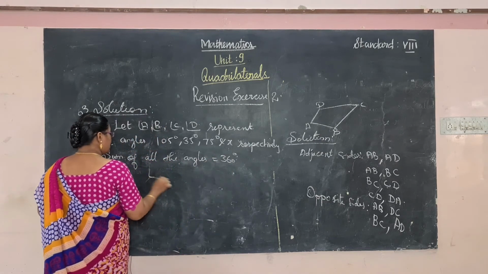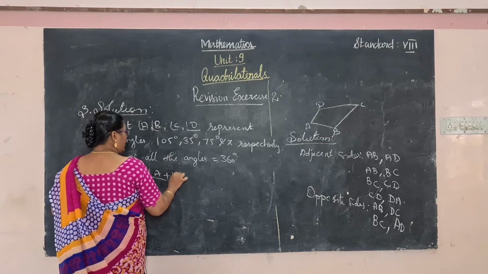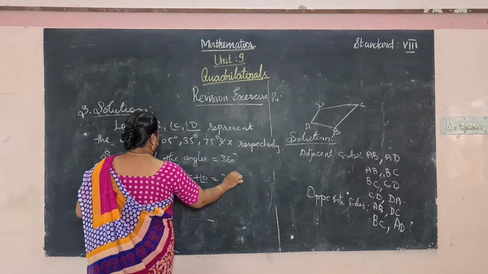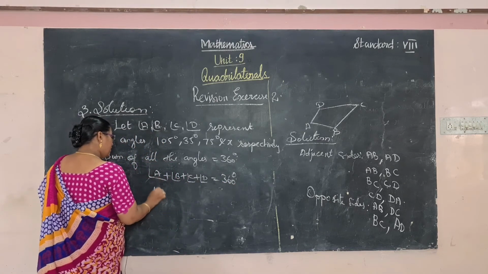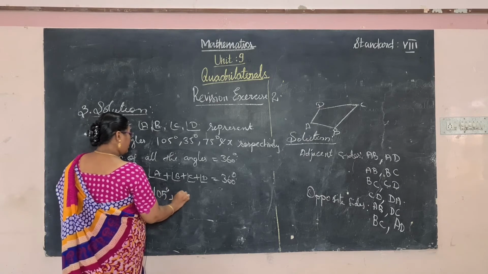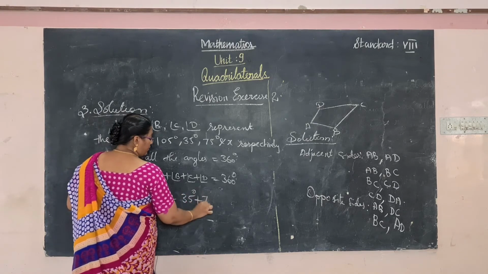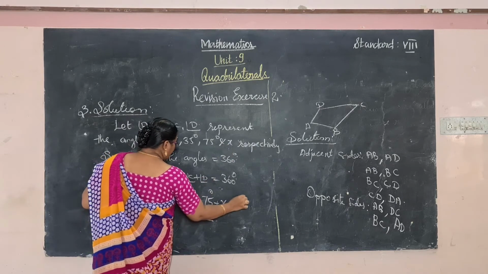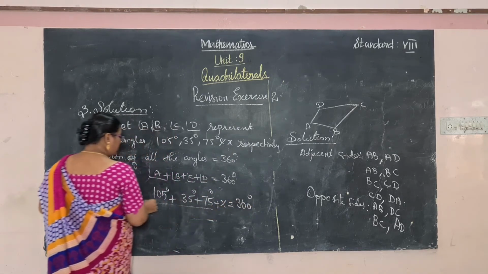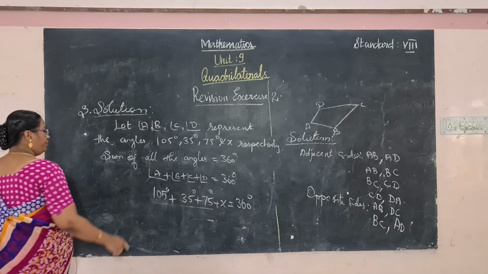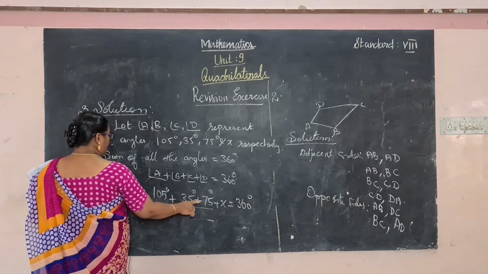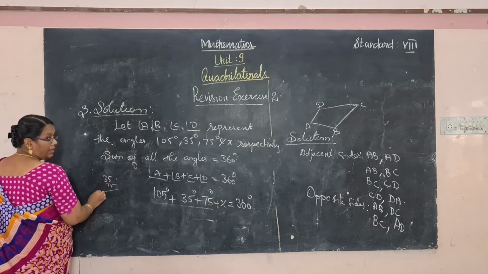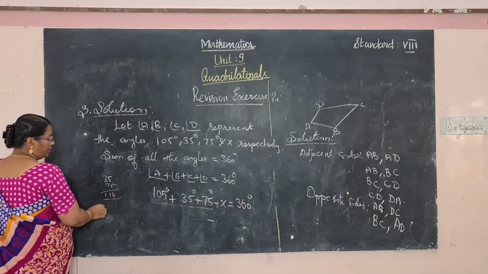So what are the angles? Angle A plus angle B plus angle C plus angle D is equal to 360 degree. So angle A, B, C values are 105, 35 degree and 70 degree. Angle D we have considered X. So 360 degree. Add these three values, what do we get? 110, is it? 110.